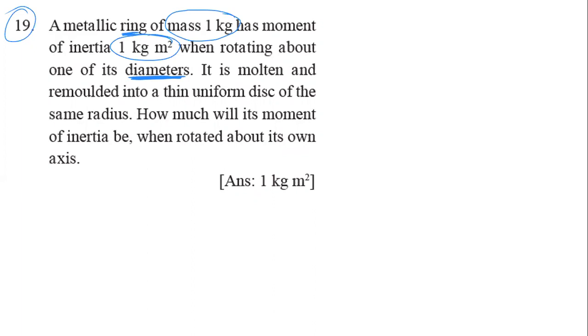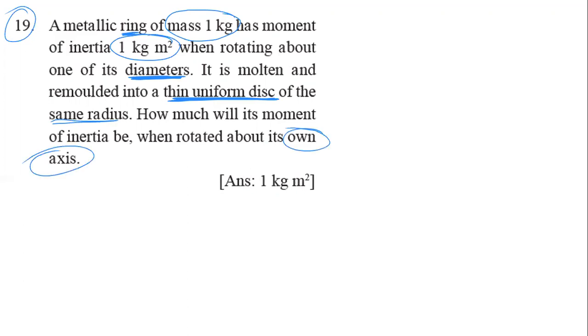It is molten and remolded into a thin uniform disc of the same radius. And mass is also the same because we mold, means from the molten ring we made the disk. How much will be its moment of inertia when rotated about its own axis?